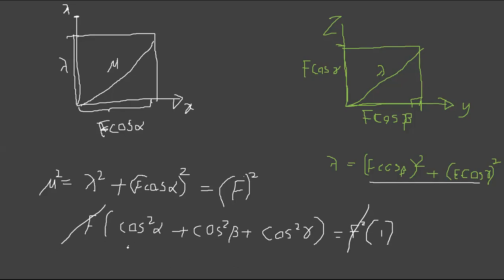We call this the directional cosine. It shows the direction with respect to a particular axis in the 3D state. Whatever happens, cos squared alpha plus cos squared beta plus cos squared gamma is equal to 1, right? So if you know alpha and beta, you can easily find gamma: 1 minus cos squared alpha minus cos squared beta is equal to cos squared gamma.